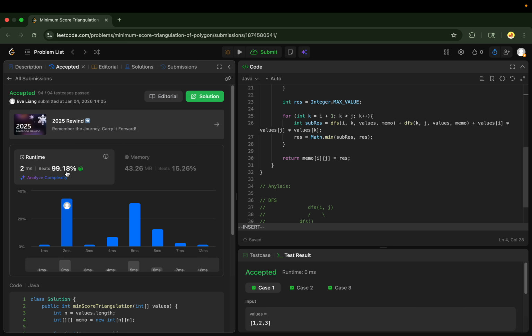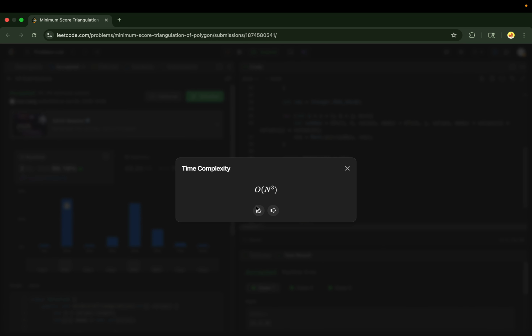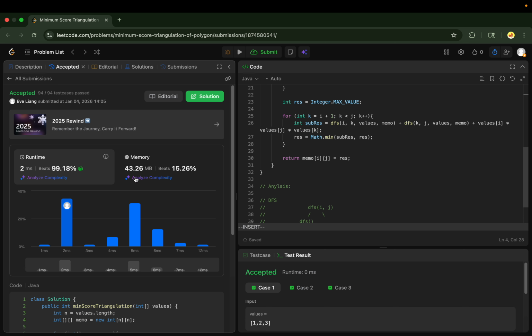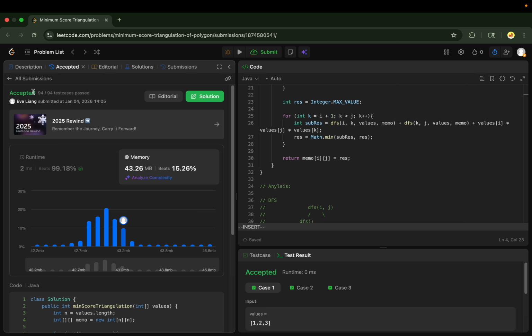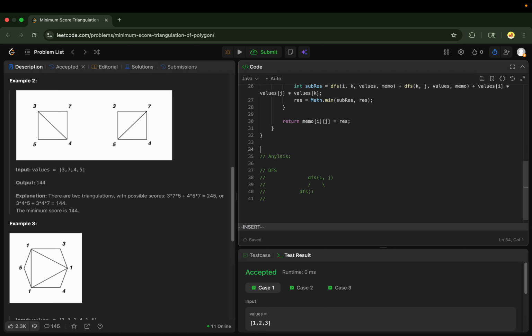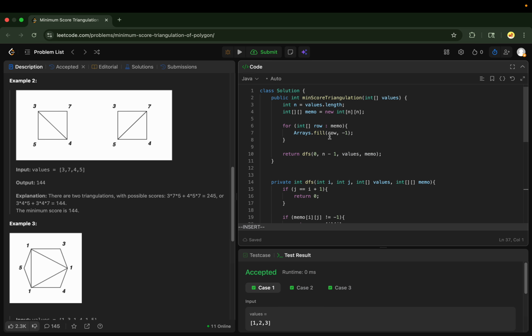Yep, and the time complexity would be n cubed, because we triangulate over i, j and k, and the space is n squared, because we have the memory here. Yep, thank you.